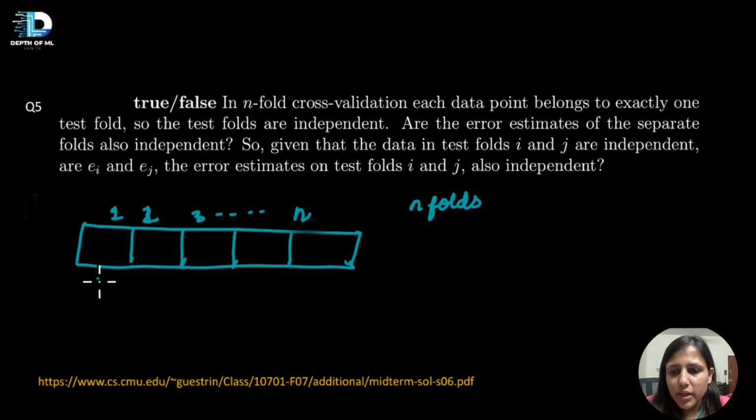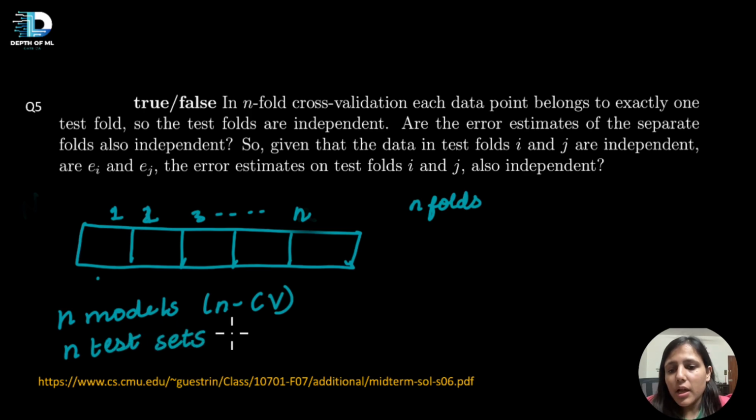Every time we train a model, only one of these will be used as a test set, and all of the n folds should make it to the test set at least once. So we are training n models because we are doing n-fold cross validation, and we have n test sets. We need n test sets, and we have n folds, right?